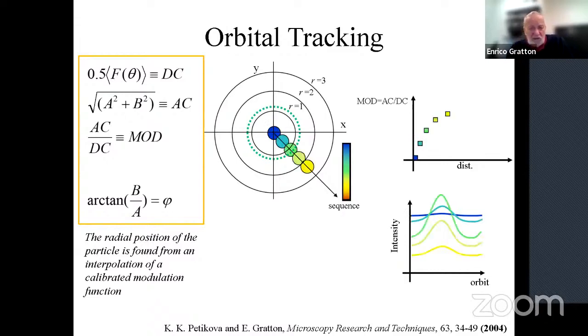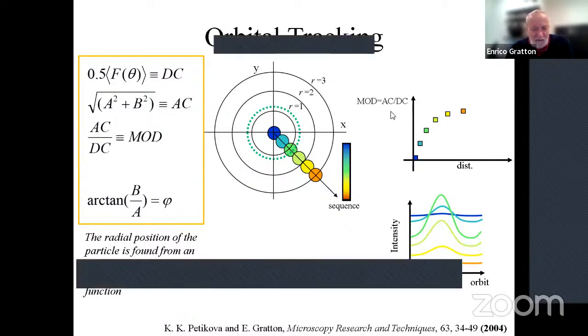Okay, so the next slide shows how the modulation changes and how the intensity changes. If we are exactly in the center, there is no change. As we get out of the center, the modulation starts to increase, and we get a maximum at a value that depends on the orbit and so on. So if we get the modulation and the phase, we can tell exactly where the particle is.